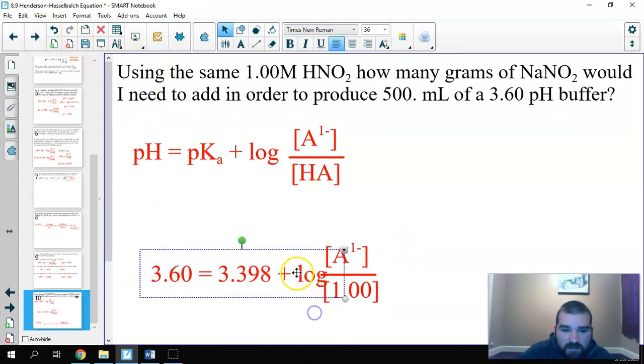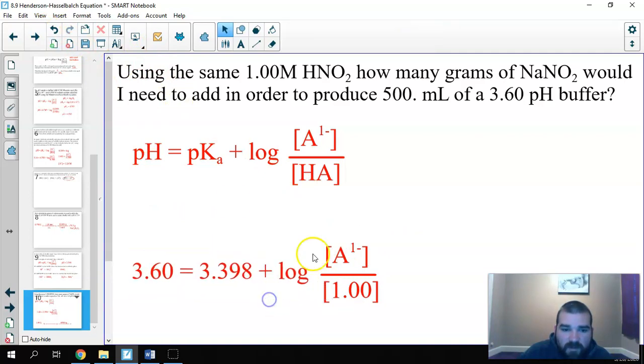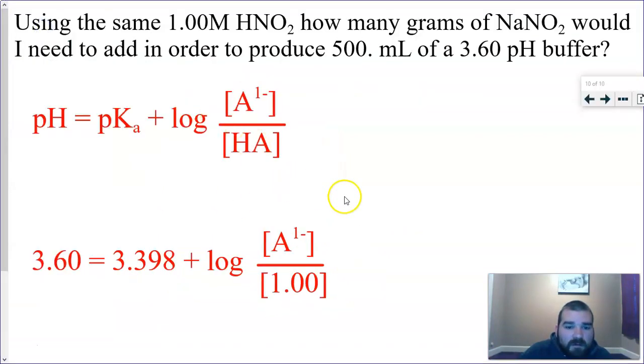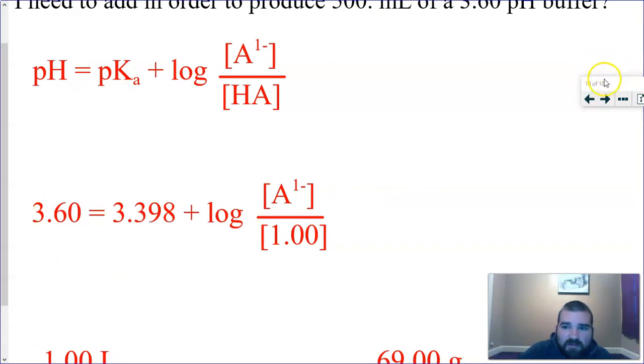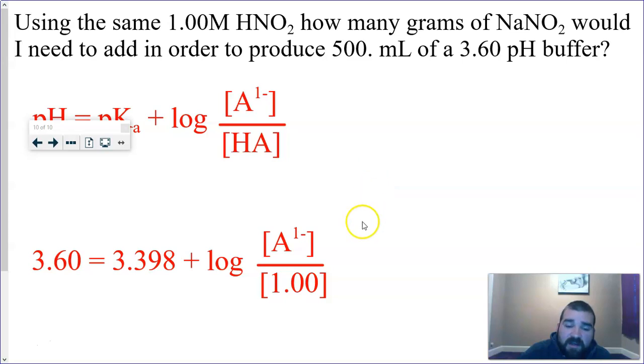And we need to do some algebra to solve for our concentration of the conjugate base. When we solve for this concentration, we're technically solving for the nitrite. But in reality, in order to add nitrite into our buffer, we must use a salt, because nitrite doesn't exist all by itself. We need to use some sort of salt that contains the nitrite. So let's do the math.